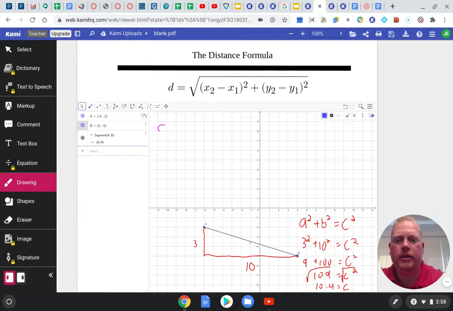So distance equals the square root of x2, so 4 minus -6, squared, and then y2 minus y1 squared, so -5 minus -2.